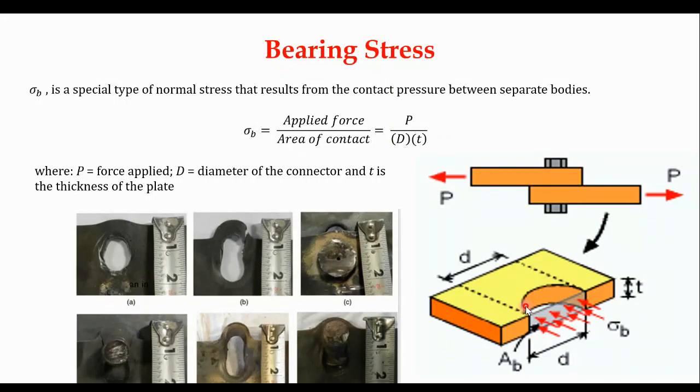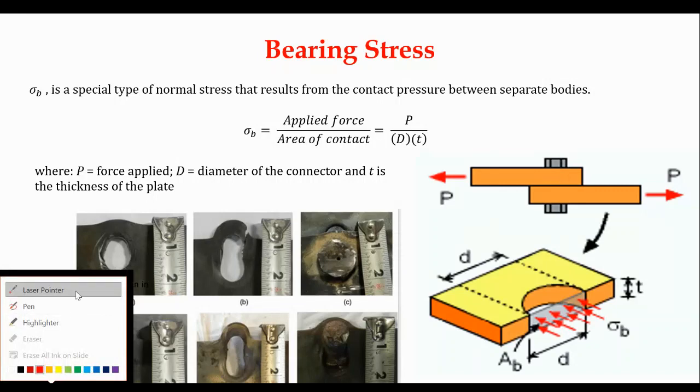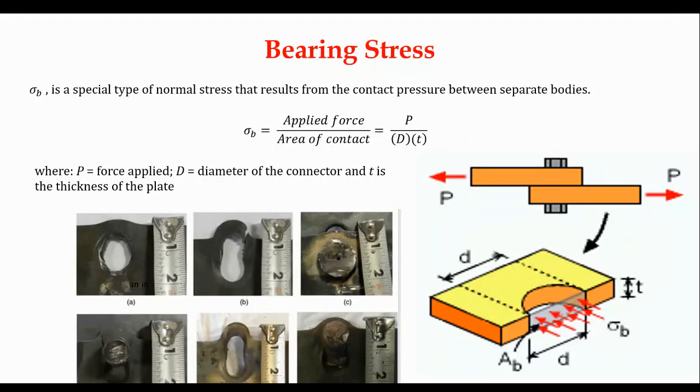So what is done is to use the projected area instead. The projected area is the triangle that you saw, which simplifies the analysis. So what is considered this time is this rectangle. The dimension along this length is the diameter of the bolt, and this one is the thickness of the plate.